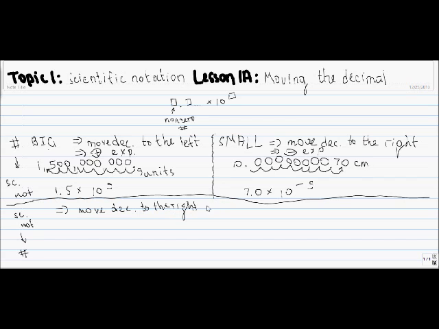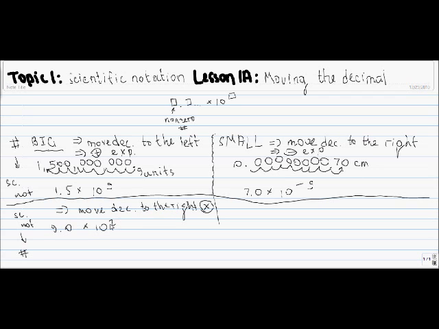Because what essentially you're doing is multiplying. You make the number larger, you make it bigger. So that's the whole idea of making a big value. And so let's try to do some examples. Let's say we got 9.0 times 10 to the 2.